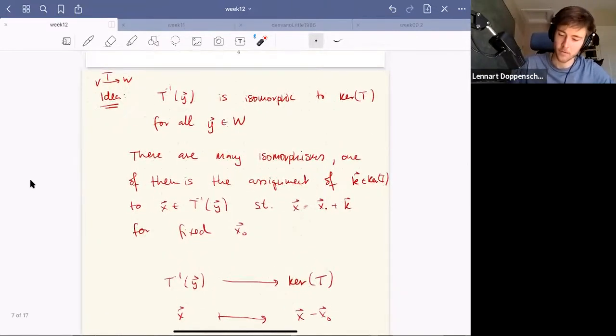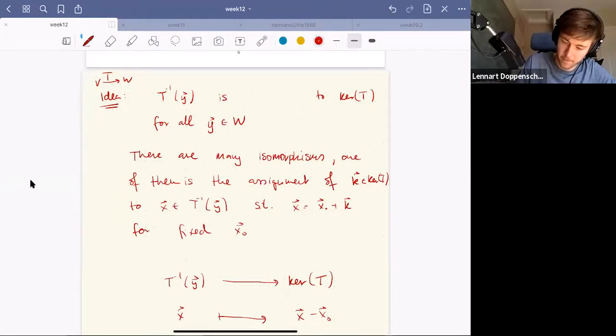So what I can do to fix this is really, it's bijective. But this sounds kind of weird.